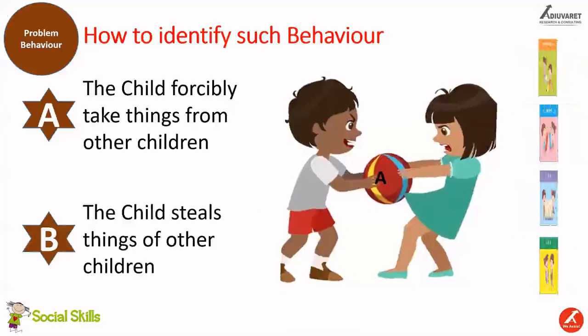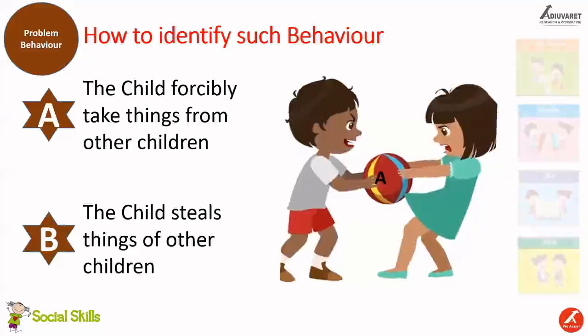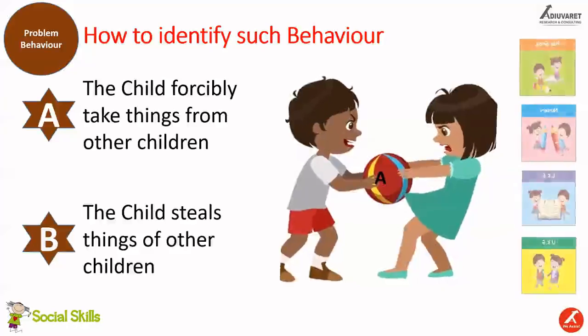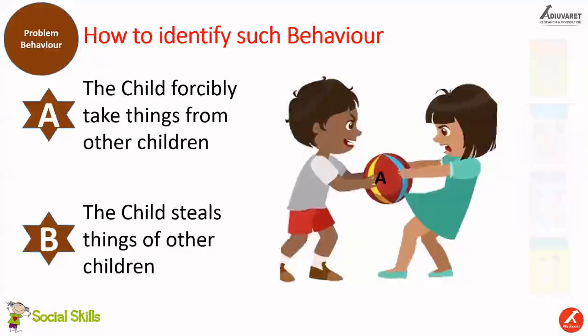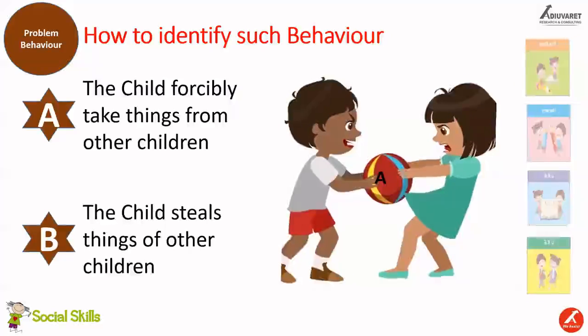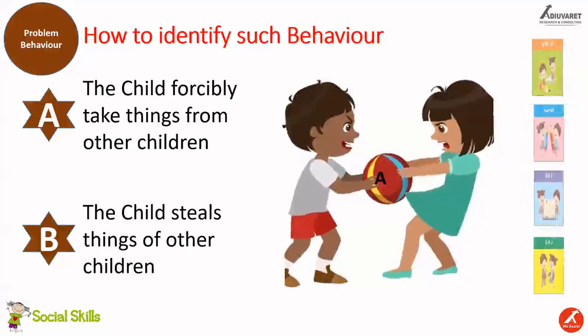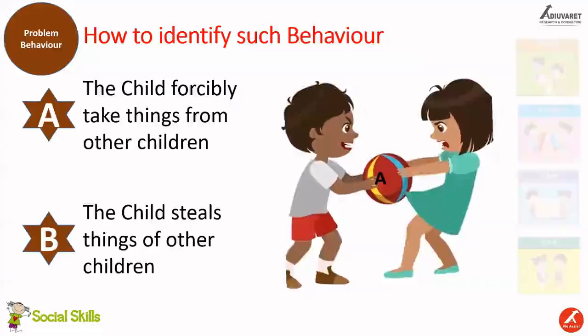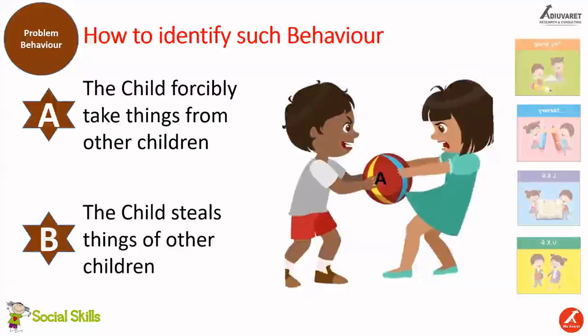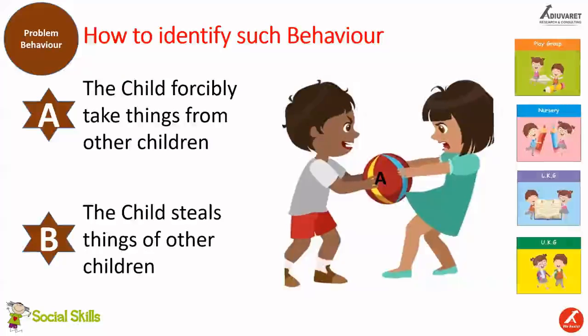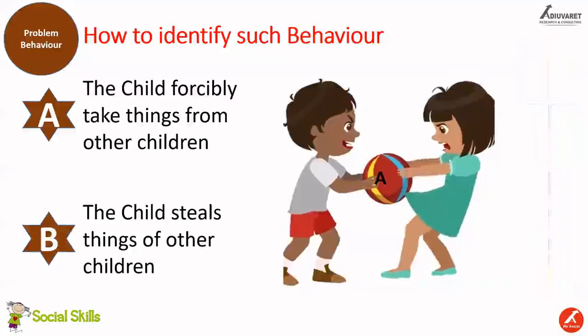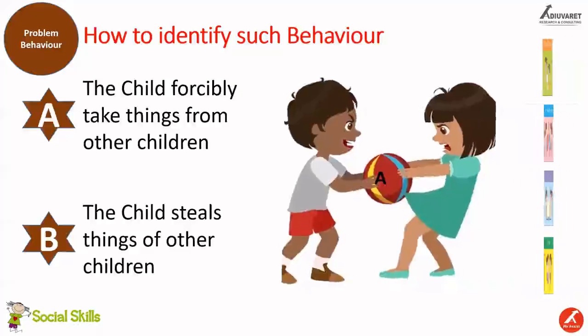And the second condition could be that the child steals things of other children. This may happen when the other children are not aware that this particular child is taking things from their bag or belongings without their knowledge.